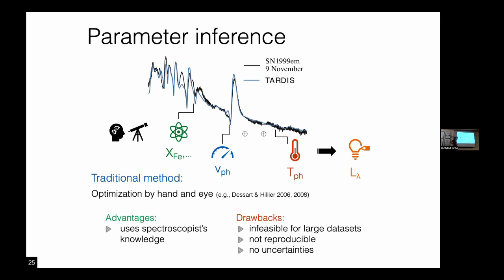It can also have to do with atomic data. All the radiative transfer calculations can only be as good as the atomic data that you feed into the code. And there are actually still a lot of shortcomings when it comes to atomic data, to collision strengths, and so on and so forth. There's also relatively little progress in that field, because calculating atomic data, cross sections, and so on for a large number of ions is not the most rewarding thing to do.